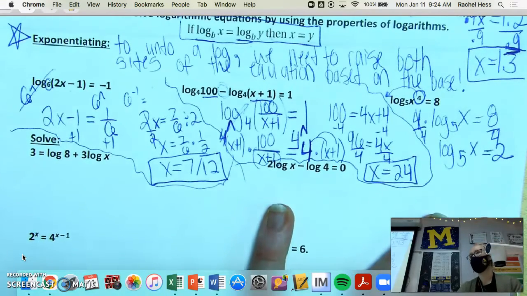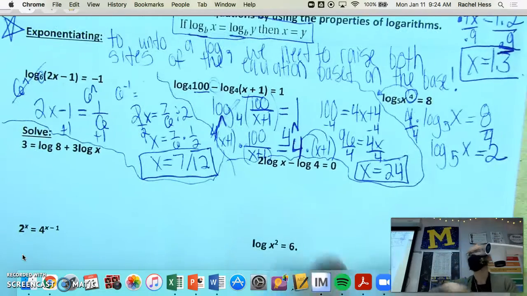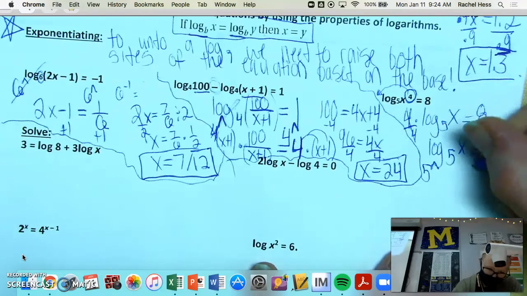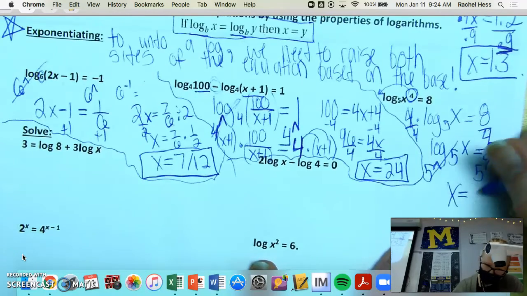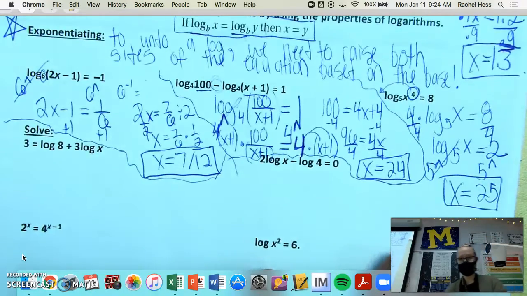And then now I can exponentiate, right? Now I only have one logarithmic expression. There's no exponentials within the logarithms. So I can exponentiate using 5. So I'm going to get x equals 5 to the second power, which is 25. Right?